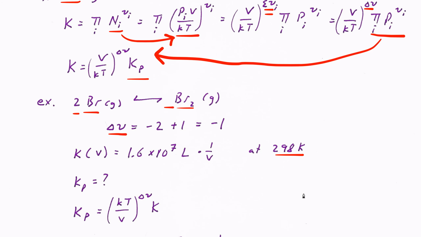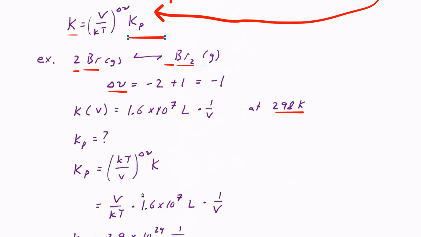So if we want to know what the value of Kp is, using that expression we've just determined, we know K, we want to know Kp. If I rearrange this expression, Kp is equal to KT over V raised to the delta nu times the value of K that we already know. In this case, delta nu is -1, so if I raise KT over V to the -1, that turns into a V over KT.